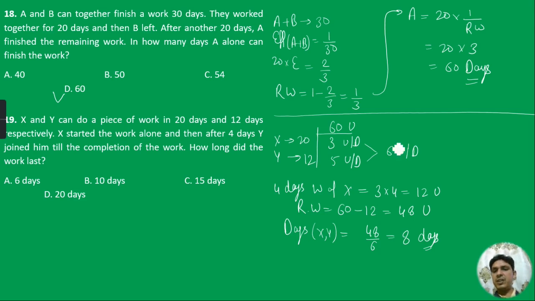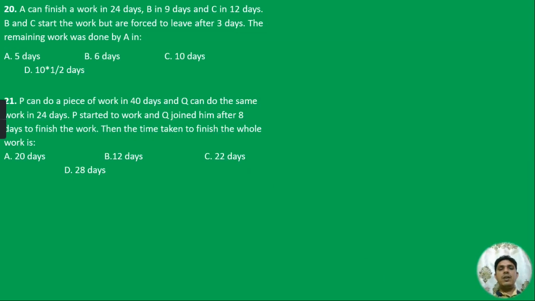Sorry, 5 plus 3, we will get 8, and here we will get 6, right? 4 days work has already been done by X, so the complete work will be done in 6 plus 4, that is in 10 days. So the answer of this question will be B, right?